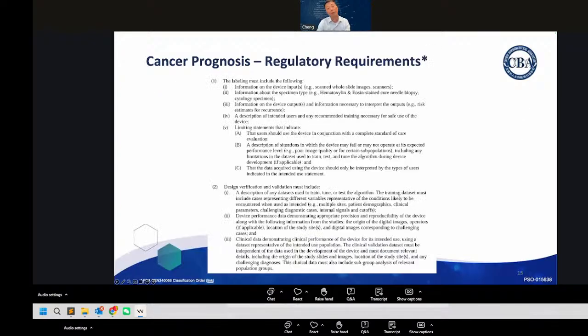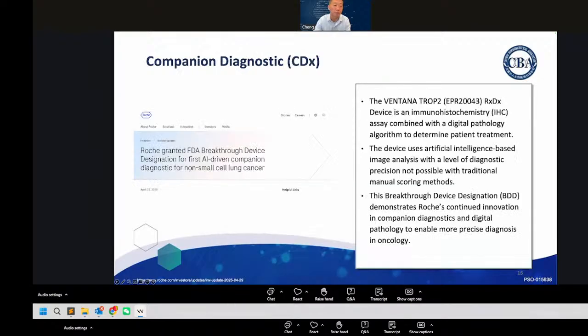FDA outlined their requirements in the special control. The description of the data sets used to train, tune, and test the algorithm needs to be provided. The device performance data need to demonstrate appropriate precision and reproducibility. The clinical data need to demonstrate the clinical performance of the device for the intended use.